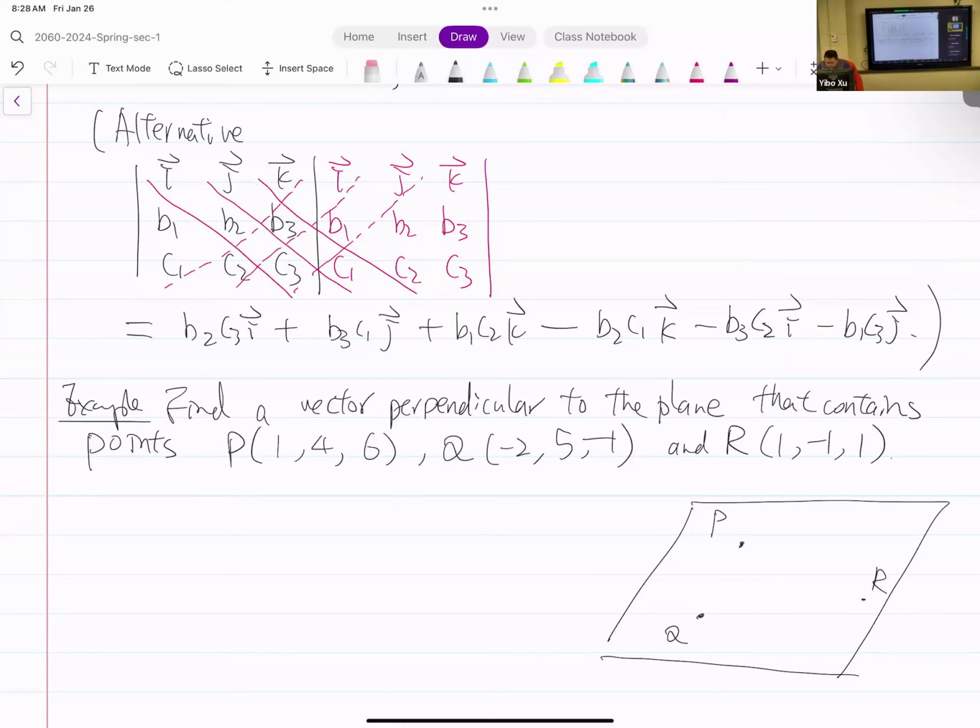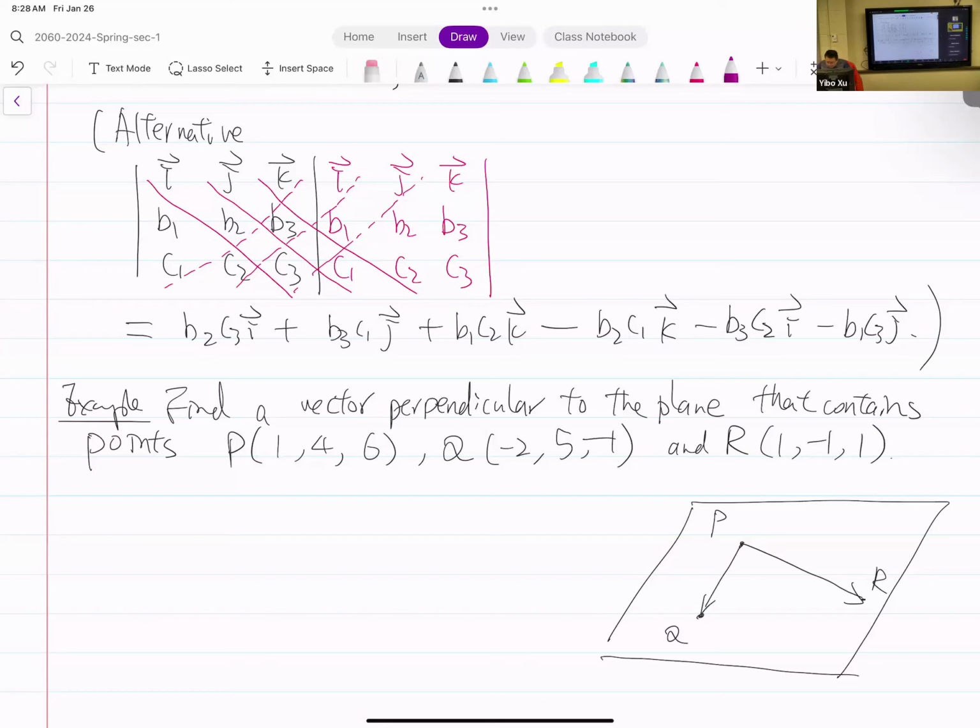So it doesn't really matter the location, but what we can do is we calculate, let's say, the vector PQ, okay, and the vector PR. So if they are not parallel, then they are definitely not along the same line, right? But then, how do we calculate the vector that's perpendicular to the entire plane?